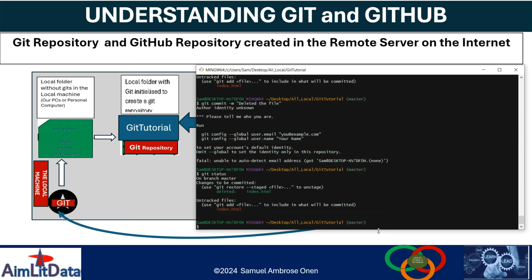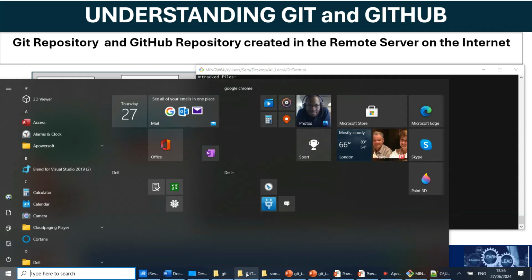Remember, we have removed it from the staging mode by using --cached, but the --cached doesn't take it out from the system files. It removes it and keeps it still within the Git environment, but now we want to take it out completely, so we need to use git rm. Actually, let me open that window so that you see what is happening at the same time.